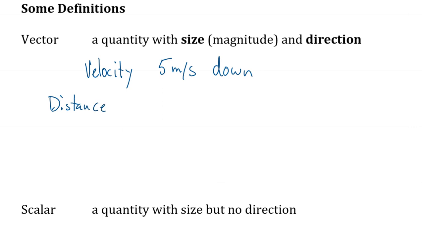Distance with direction. So it could be something like 8 kilometers north. Okay, so it's got both size or magnitude, 8, and then kilometers is just the units of the magnitude, but then also direction, north, obviously compared to east, west, south.